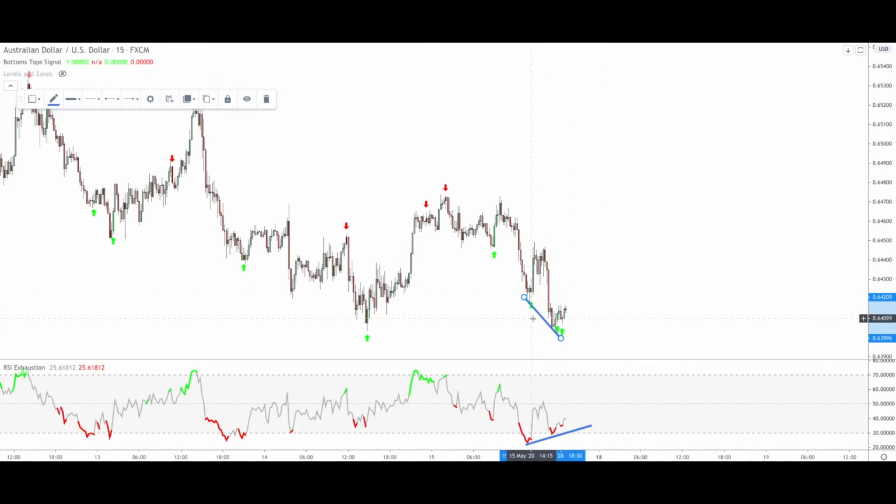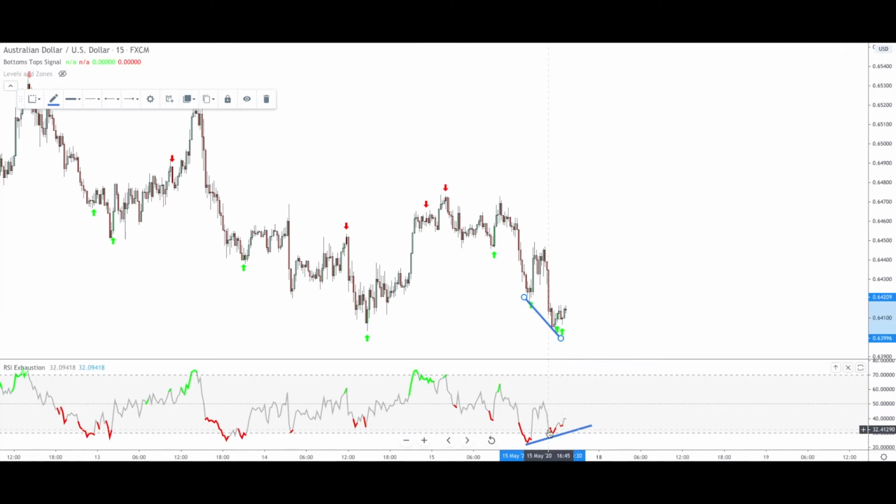I should draw it here, but you get the idea. The price is decreasing, the RSI is increasing. We also have the RSI exhausted, it's colored red here, at the same time as the bottoms, so it's okay.